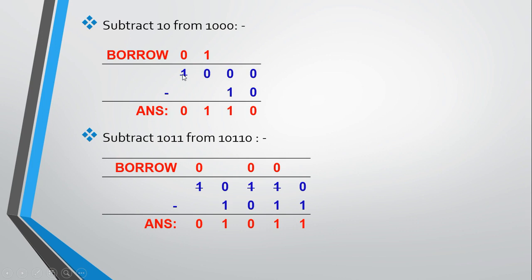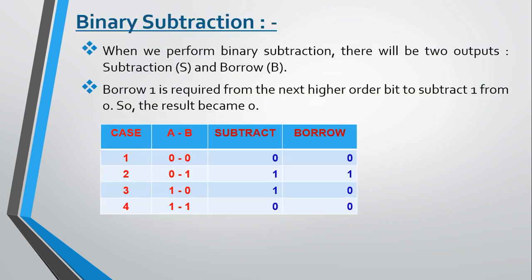So we need to take a borrow from the first value, right? And over here you write 1, and it becomes 0 1. So we take a borrow from 1 and the output would be 1. 0 1 means what? You need to see the rules table. You need to write 1 over here and take a borrow from the highest order.